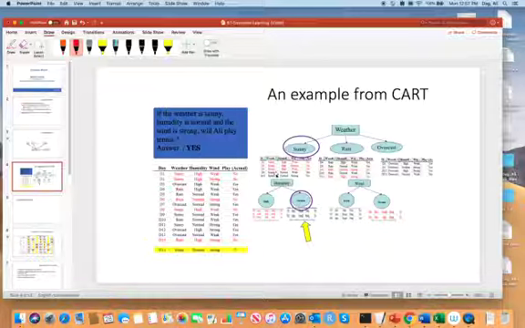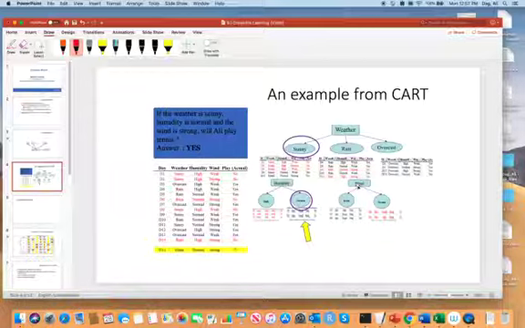I directly look at the humidity, and if the weather is sunny and the humidity is normal, then I will say that Ali will play. Or if the weather is rainy, the only variable I consider is the wind variable. I don't even look at the humidity. That's what I've learned from the training data.